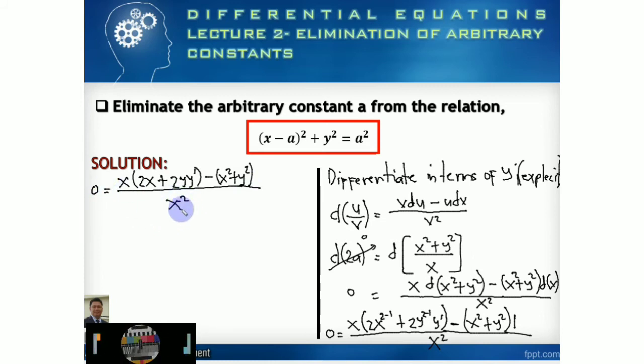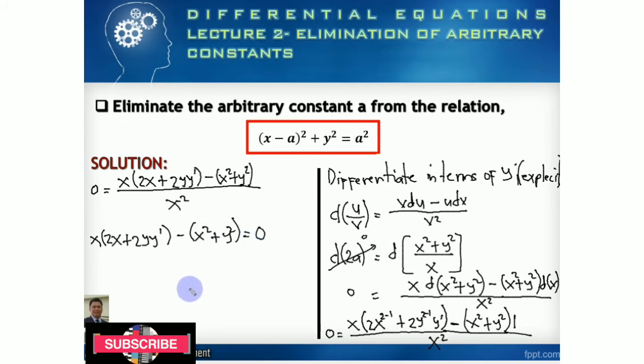So if we are going to cross multiply, this will be then equal now to x times 2x plus 2y y prime, minus quantity x squared plus y squared, is equal now to 0.